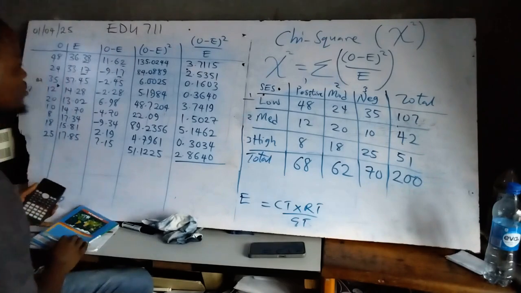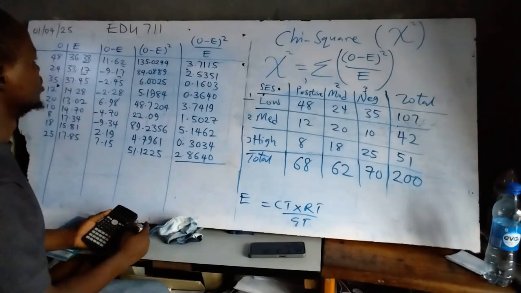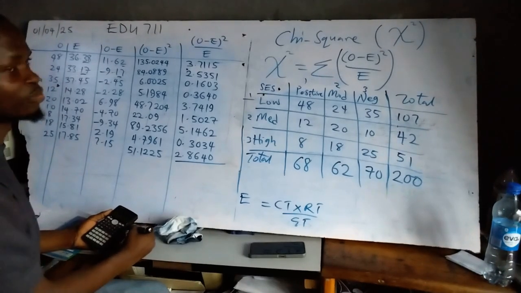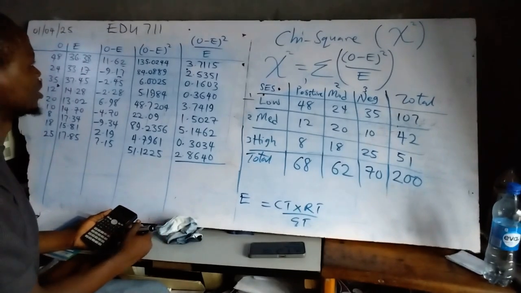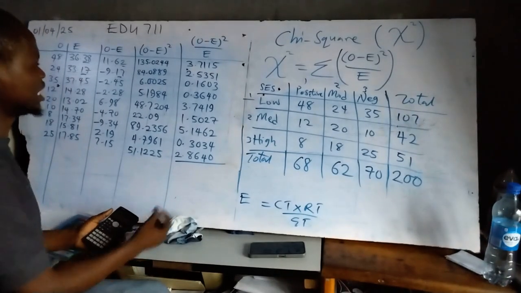So it's very straightforward, though it could be complicated if care is not taken. So you have to be very careful when solving this. So now let's see.